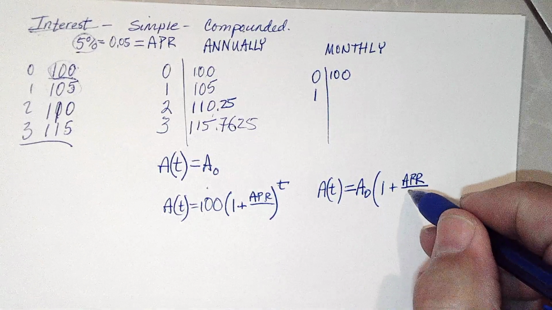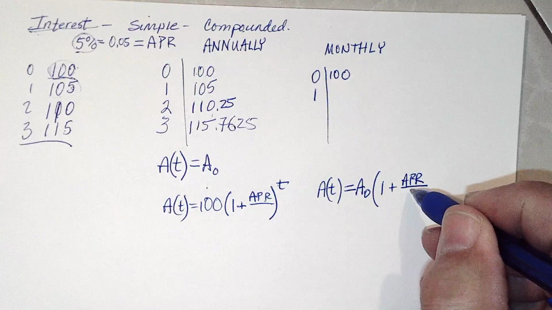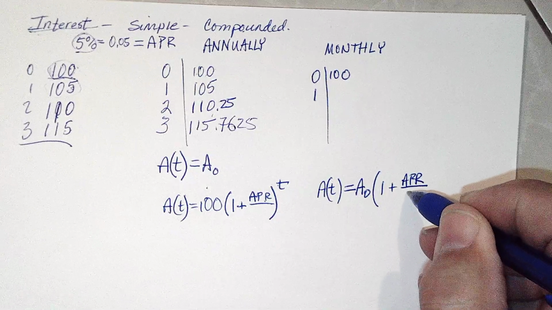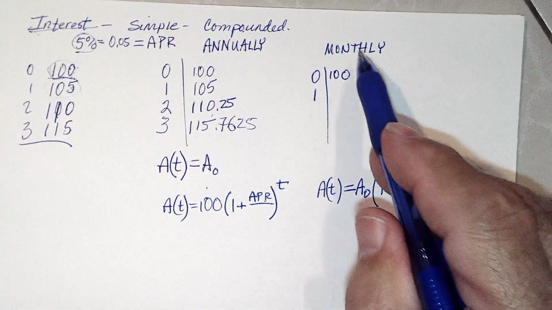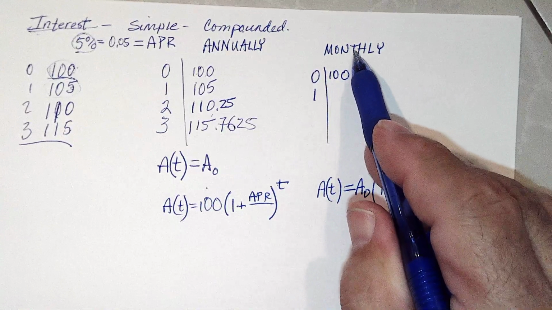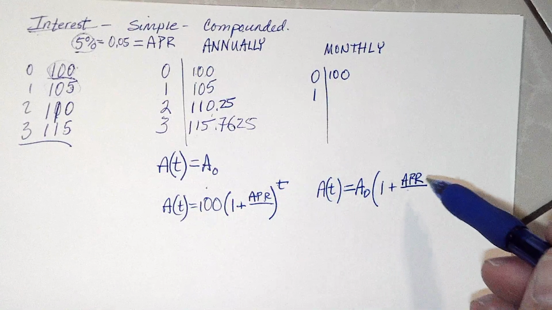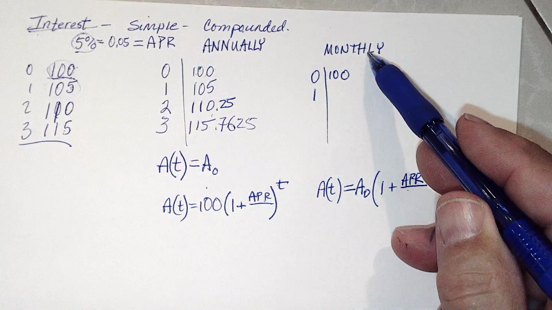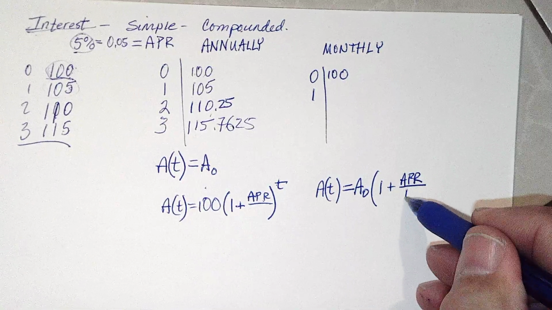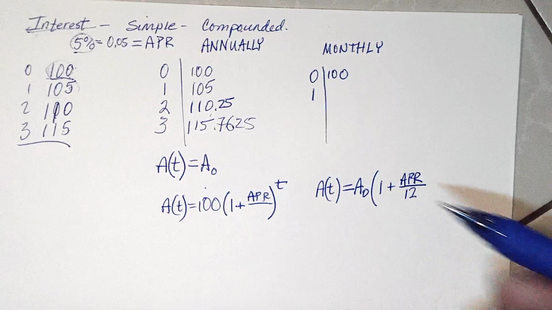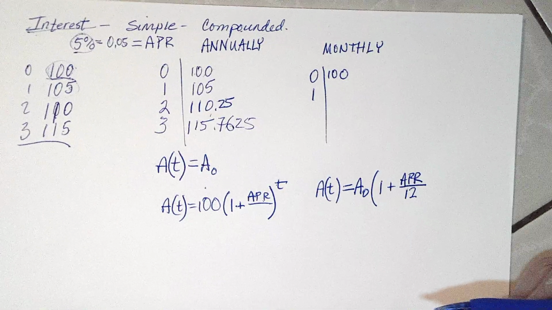So you have to divide the interest rate, 0.05 or whatever it is, by the number of times you're going to get that interest in a year. So if we're going to get 5% for a full year, but get it every month, we have to take 1/12 of the interest rate is how much we would get in a month.